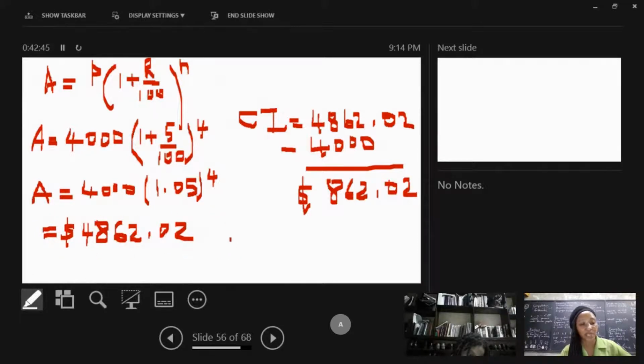So this is the amount accruing. The actual interest is found by subtracting the principal that was invested. So the actual compound interest is $862.02, which is $62.02 more after 4 years.